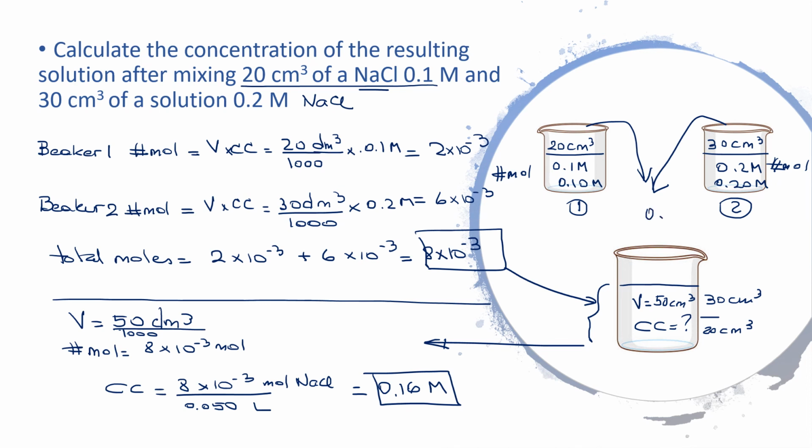So 0.15 molar would be if they are exactly the same volumes. But in this case, because I put 10 centimeters cube more of the 0.2 molar, it is going to be shifted a little bit towards the right. That means a little bit higher than 0.15, which is going to give me 0.16 molar.